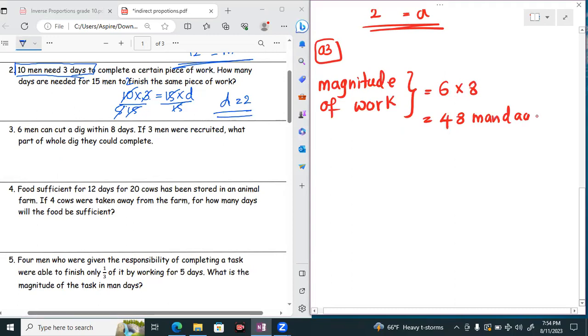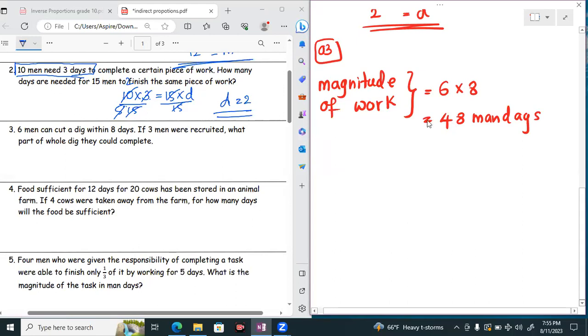Okay. If 3 men were recruited, what part of the whole could they complete? Now here only 3 men were recruited. Then what part of the whole could they complete? Now look, 48 man days is taken by 1 man.